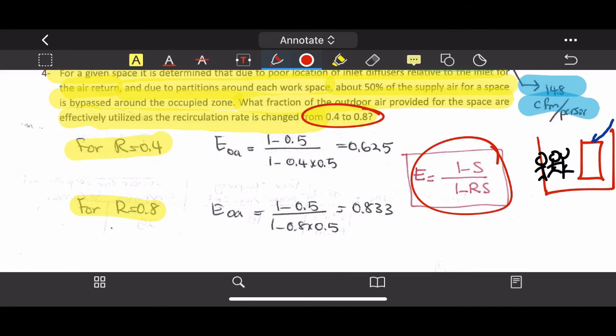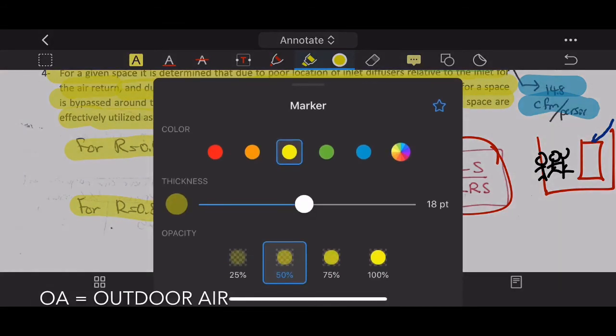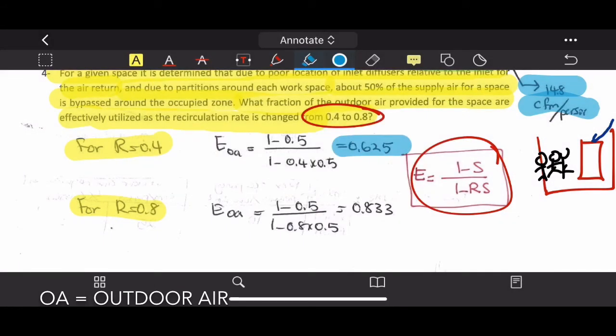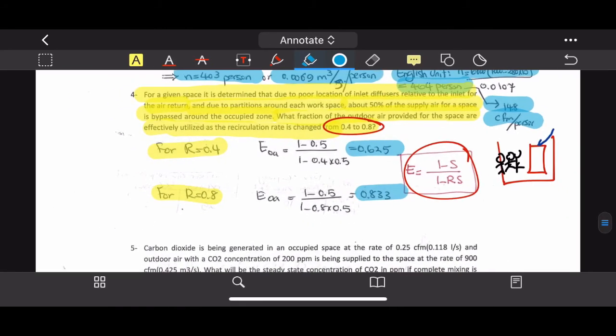Okay, so simply put in the numbers, right, and you get 0.625 and 0.883 respectively. So that is the fraction of outdoor air provided to the space which will be effectively utilized, and it will be used in the design of your air conditioning system. Okay, so that's number 4.